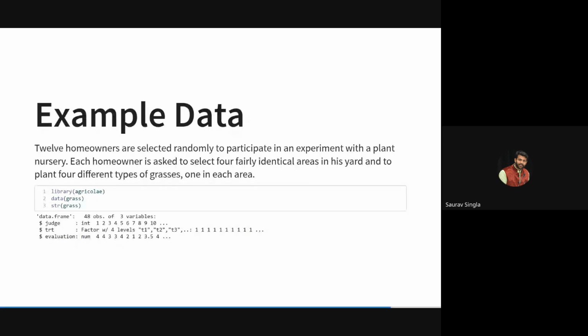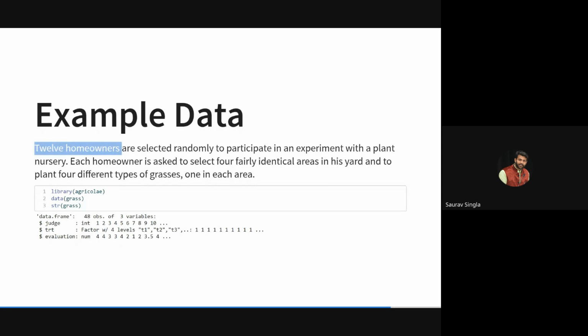Each person is putting four types of grasses in his area.